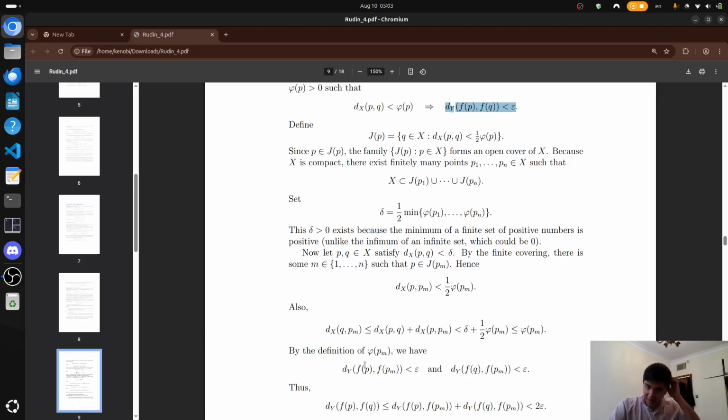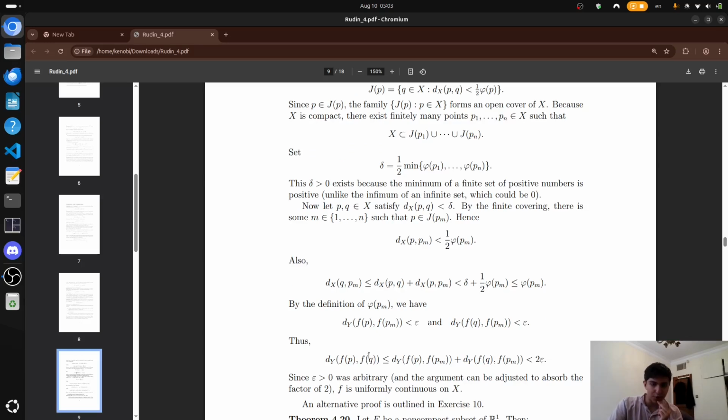Because if it's less than 1/2 phi pm, it's going to be less than phi pm. So it will imply this. So you're going to have d_Y(f(p), f(pm)) less than epsilon. So you're going to have these two things over here.